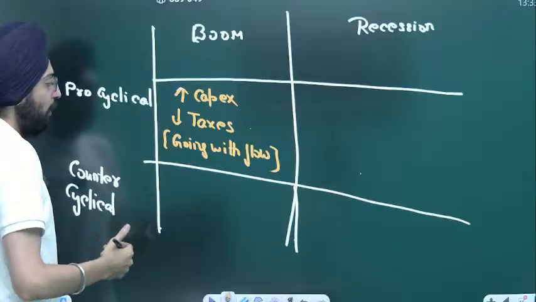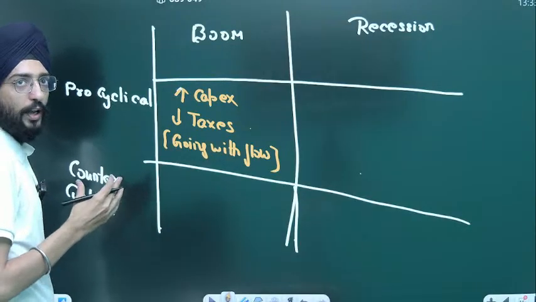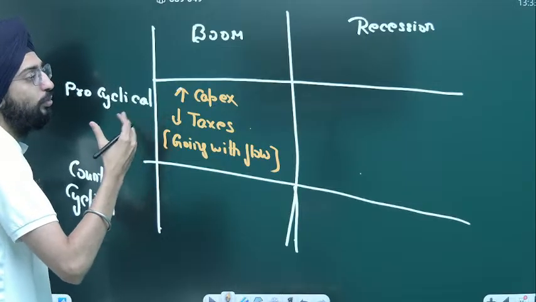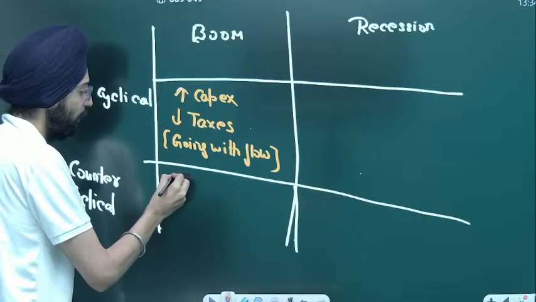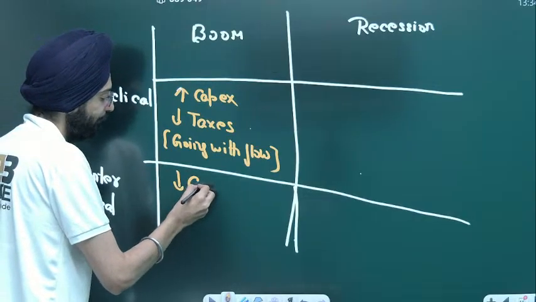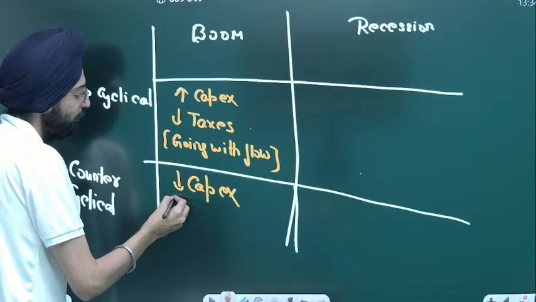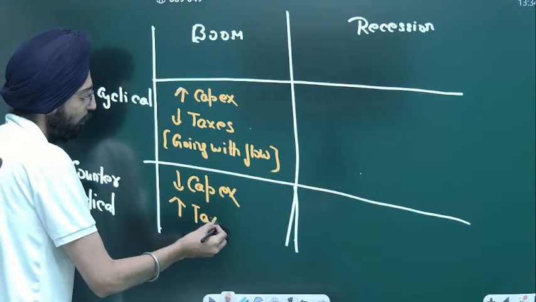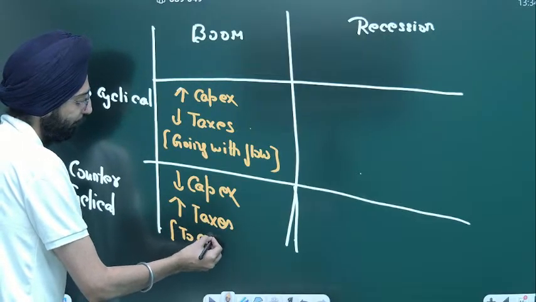Countercyclical is obviously a more practical approach. It will help counter a boom period and too much bubble creation. How will it avoid that? It will decrease capex and increase taxes to control hyperinflation.